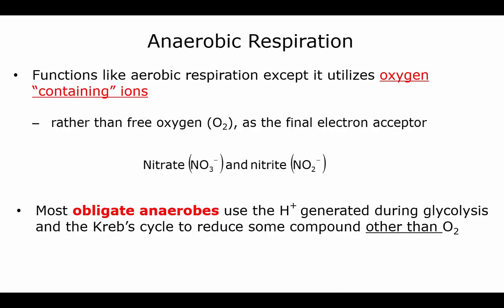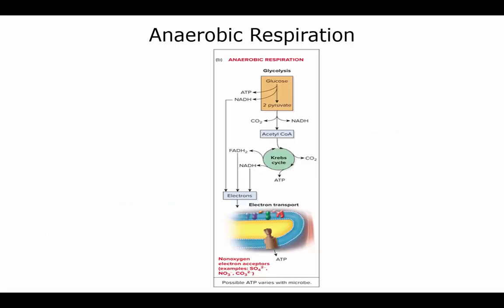So what we say is that most obligate anaerobes are going to use the hydrogens that are made during glycolysis to reduce that oxygen compound that's not just oxygen by itself. So we know that it's going to use that hydrogen to help break down that nitrate or that sulfate or that carbonate.